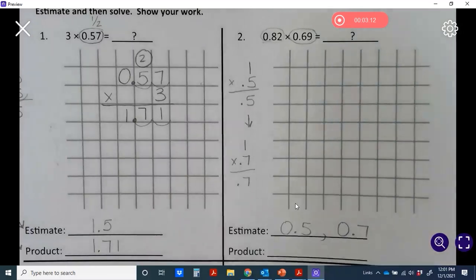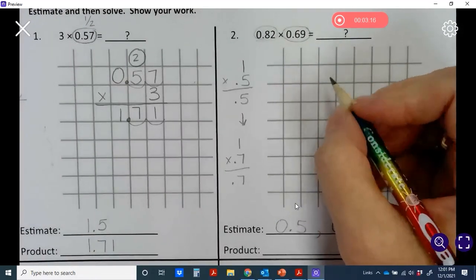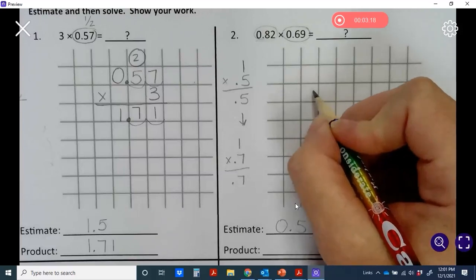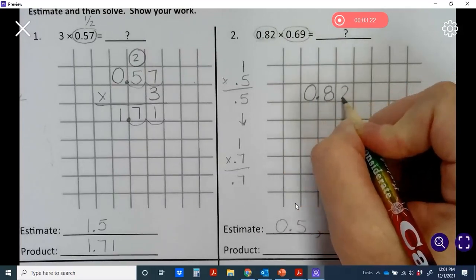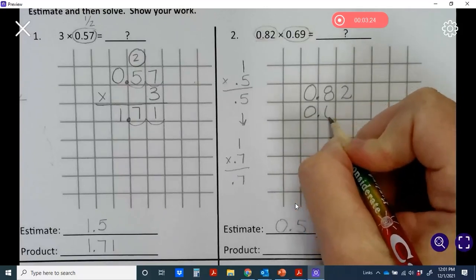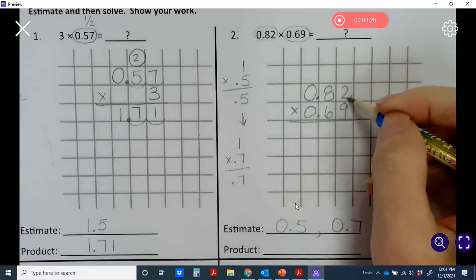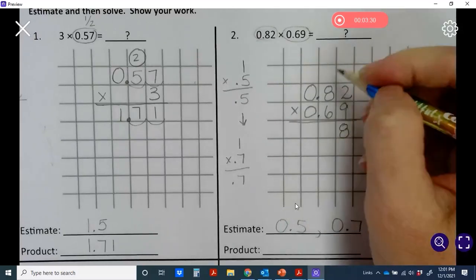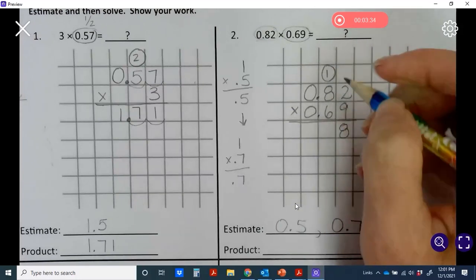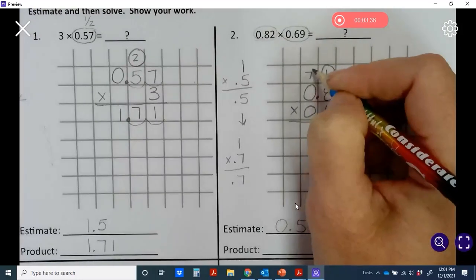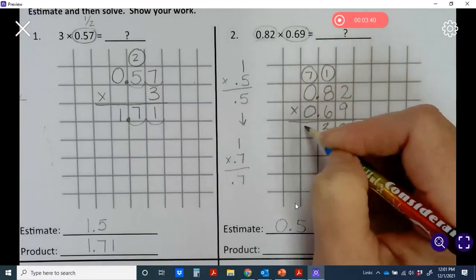All right, now we're going to multiply for real, an exact answer. Again, you can put really any number on top or bottom. Nine times 2 is 18, carry the 1. 9 times 8 is 72, 73, carry the 7. 9 times 0 is 0, plus 7 is 7.